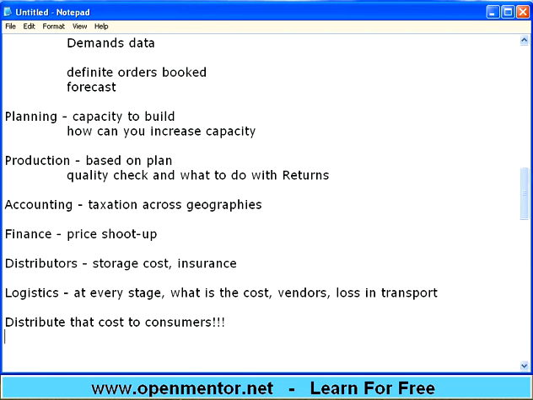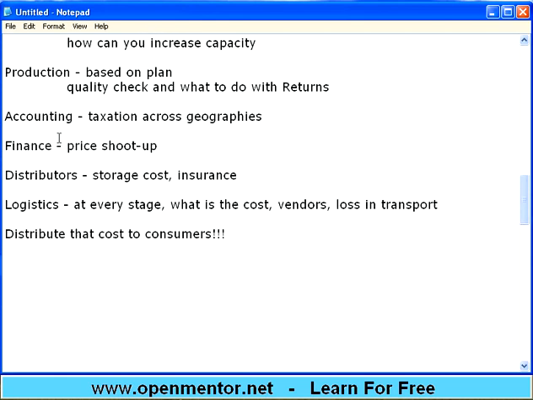You cannot charge one consumer for that entire cost, so you need to have, suppose your cost of production of 100,000 cornflakes packets is going to be say $1 million, and you are selling it at 1 million, you don't make money because you incur logistics cost. So production cost plus logistics cost, storage cost, loss of returns, finally all those things need to be calculated and distributed.